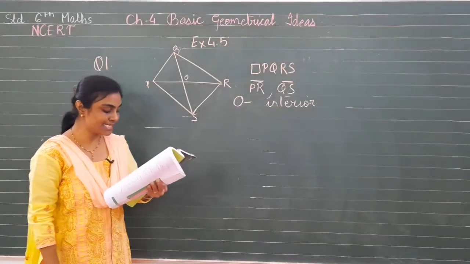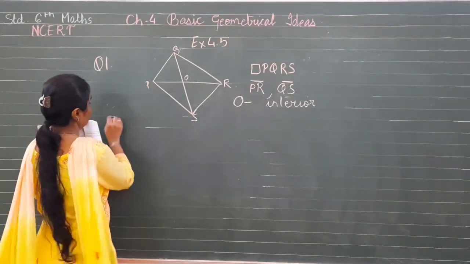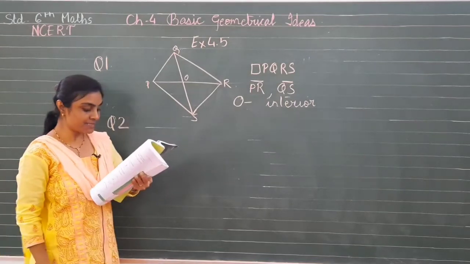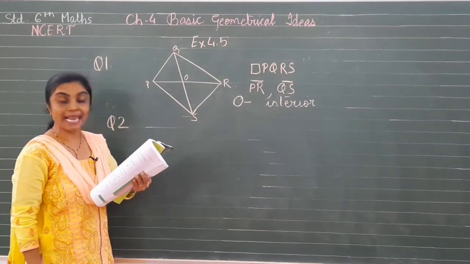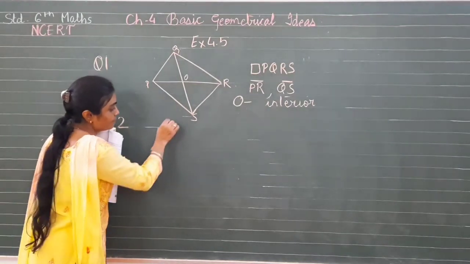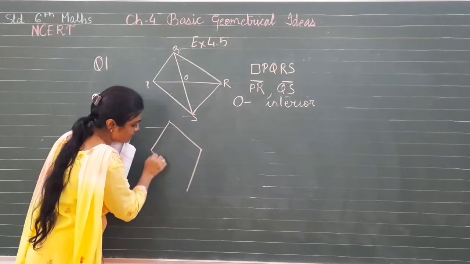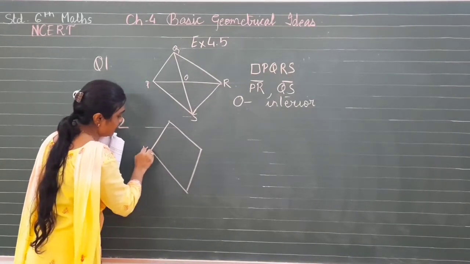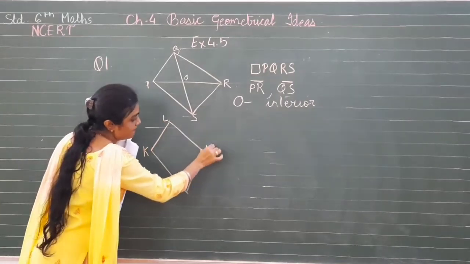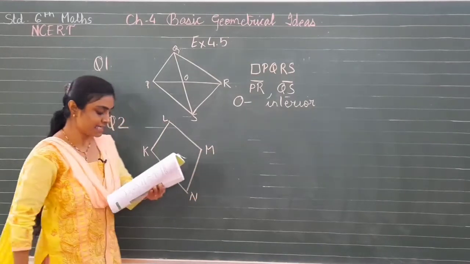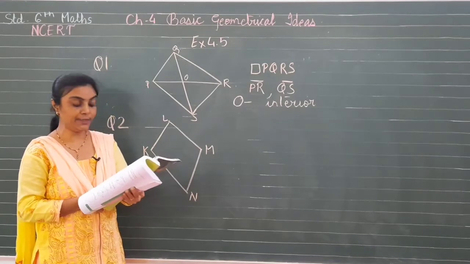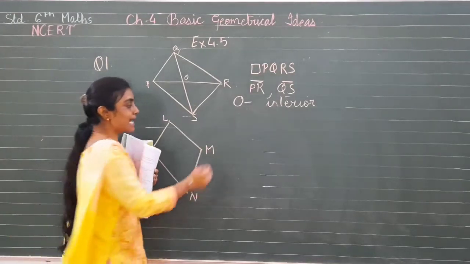Now let us move to the next question, number 2. Draw a rough sketch of a quadrilateral KLMN. So we are drawing a rough sketch. This is K, L, M, N. A rough sketch of a quadrilateral. State two pairs of opposite sides.